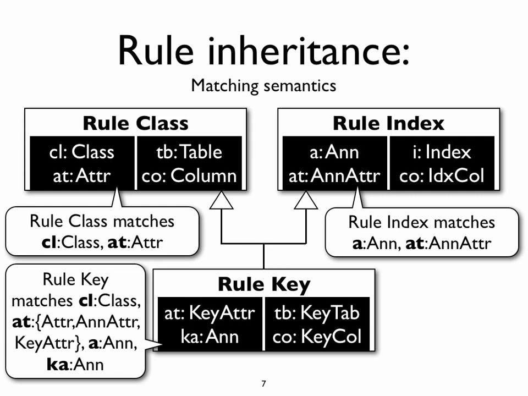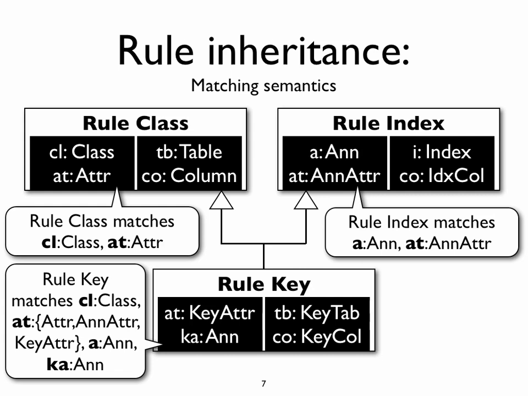Key also matches an AT, which then has to be a key attribute. If it is the same element as these ATs, we actually have a match. And we have to also find a KA, which is another annotation. So actually, what goes on is that the rule key inherits all the elements that aren't listed explicitly here from its super rules. So it still matches a CL, and it still matches an A element, even though they're not listed.